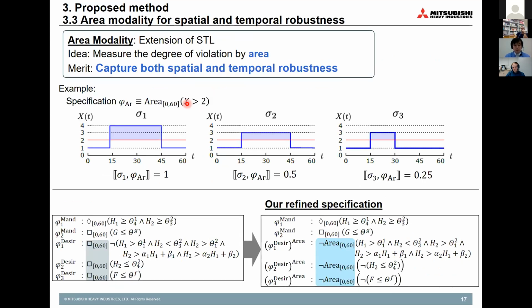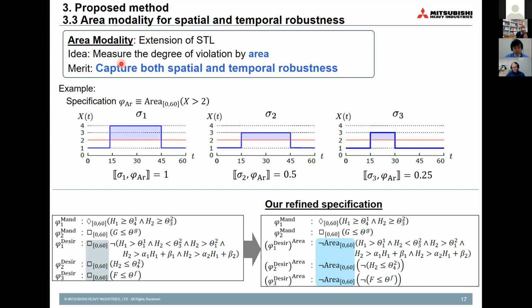For the second challenge, requirements in geometric conditions, we wanted to measure the degree of violation in both spatial and temporal terms. In usual signal temporal logic and its robust semantics, the degree of violation is measured spatially. Here, we introduced the area modality.